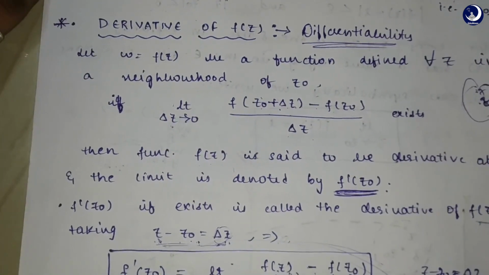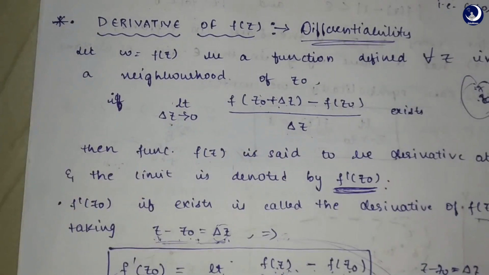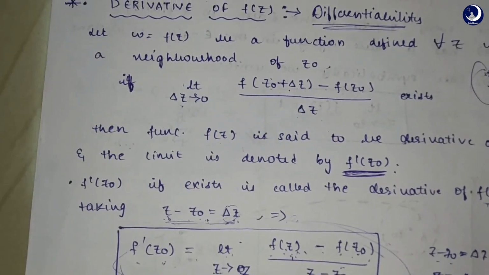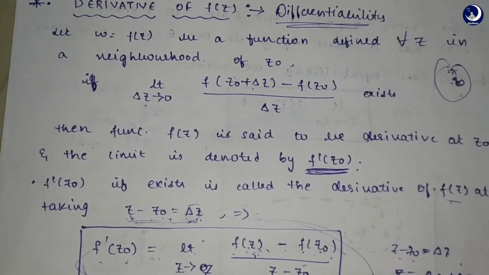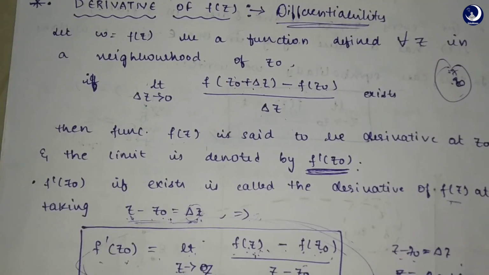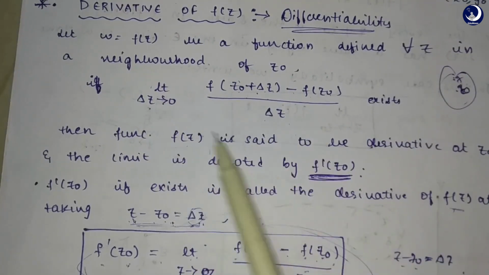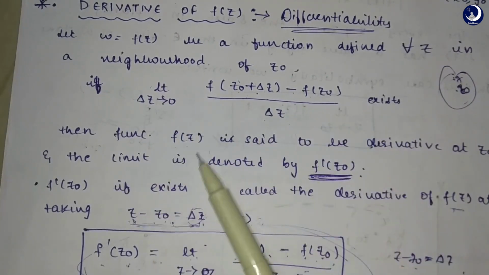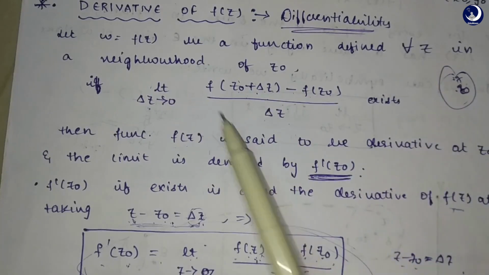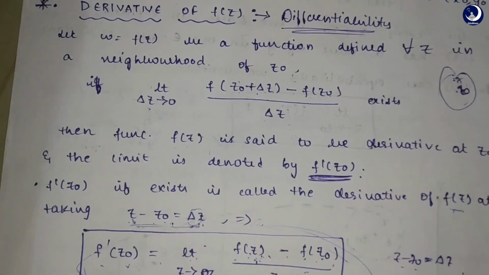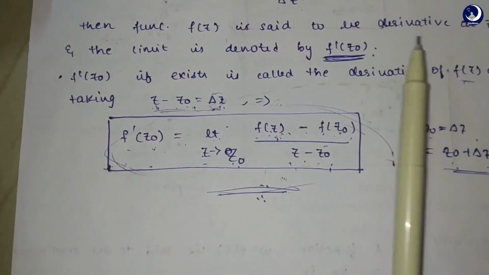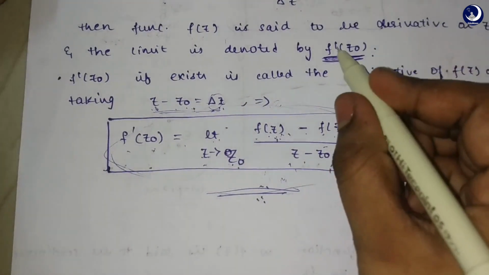And next we'll go into the derivative of f of z. Derivative is nothing but differentiability. For the function w equals f of z, defined for all z in the neighborhood of z0, if limit delta z tends to 0 of f of z0 plus delta z minus f of z0, divided by delta z, exists, then the function is said to be differentiable at the point z0. We represent it as f dash of z0.